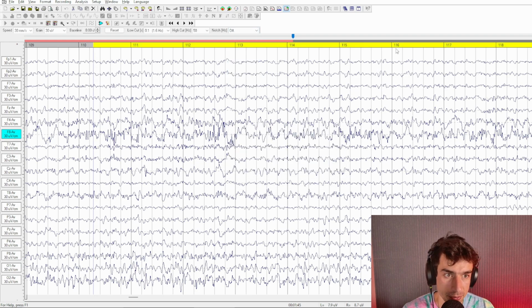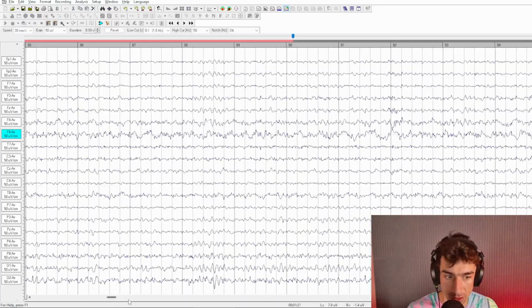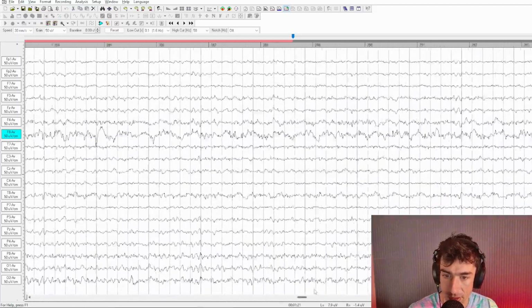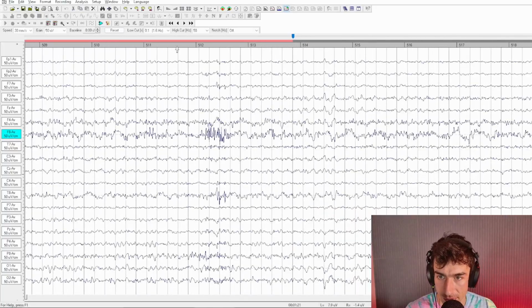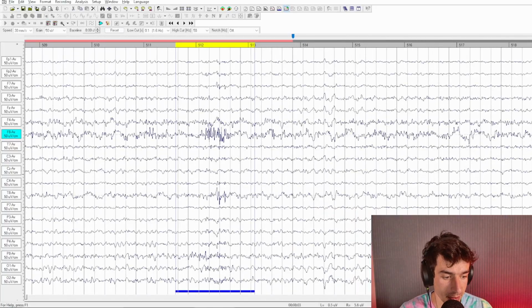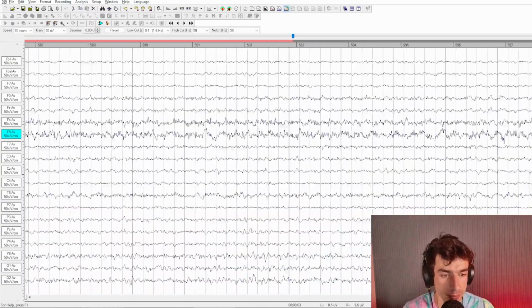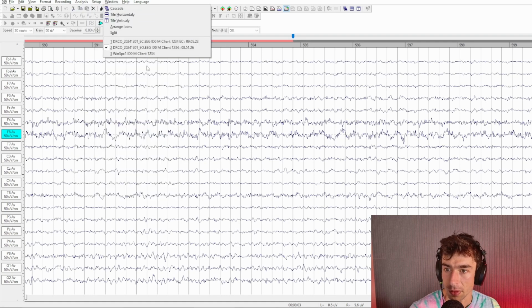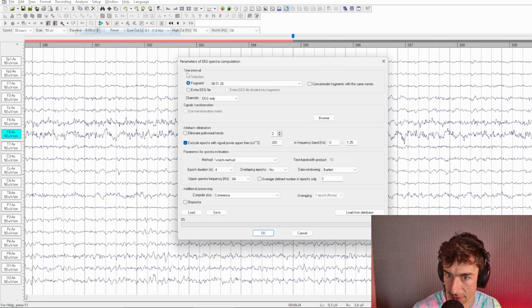Let's just try to get some of this more egregious EMG out before we recompute the spectra. Stuff like this we don't need in there. Okay. Let's get rid of this and recalculate it.